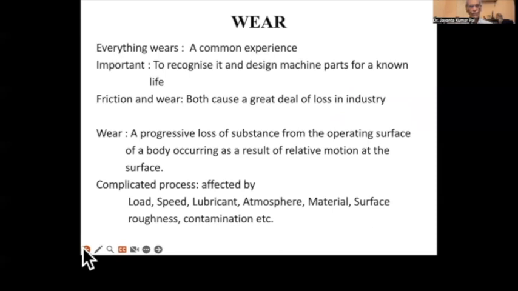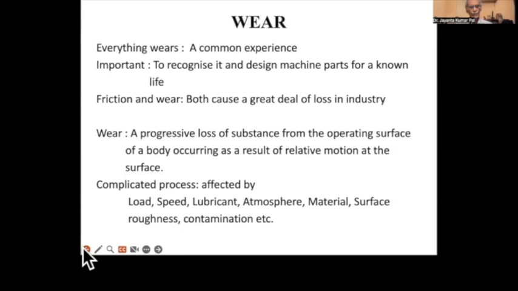Friction is the loss of energy, and wear is the loss of material. So both of these are detrimental to our industry and elsewhere. As we said earlier, we should recognize it and try to stop it as much as possible.